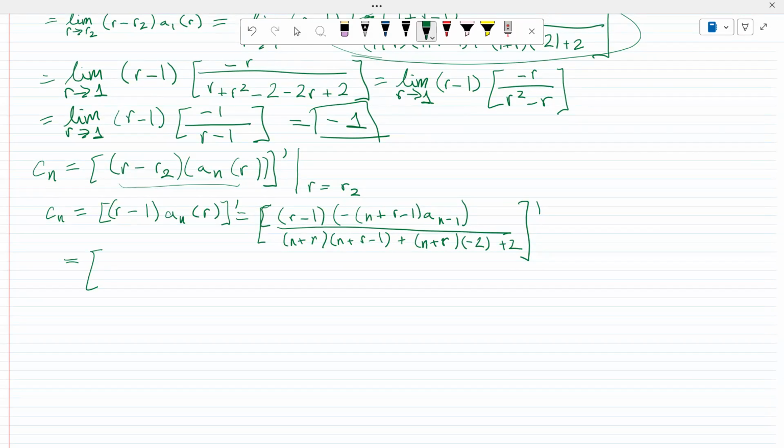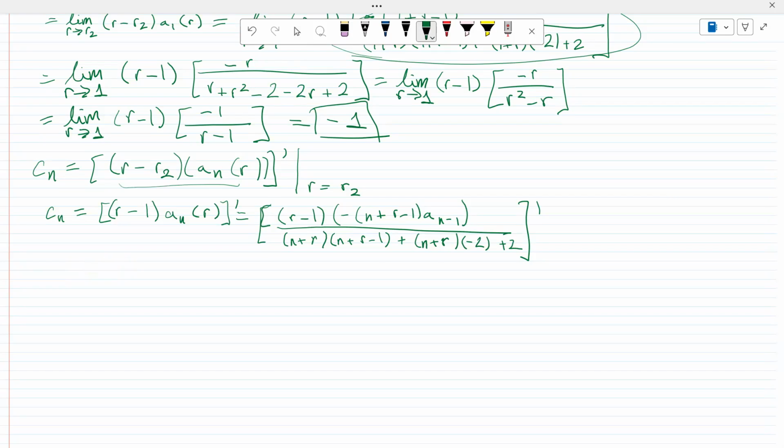So we can have an of r. I'm going to be frank, I found a mistake in my notes that I did not see earlier.